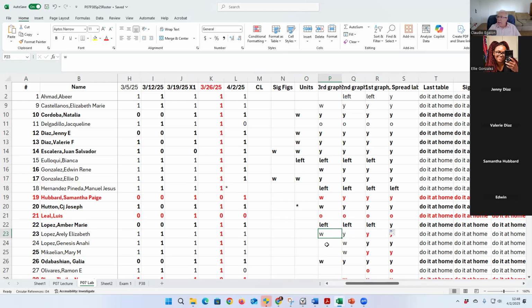Arely, did you manage to finish the third graph? It doesn't look like Arely is here. Yeah, looks like Arely left. Okay. Next is Genesis. Are you working on the second graph or the third graph? Okay, on the second graph.